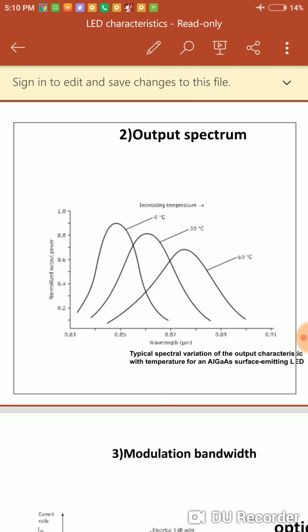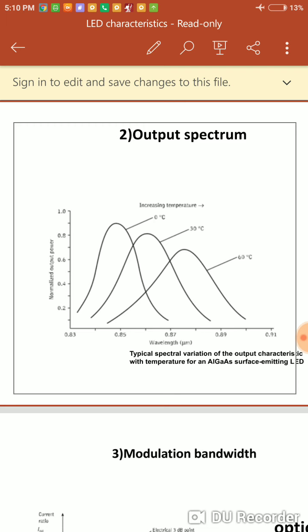Along with this decrease in power, the output spectrum is broadened. So these two things we have to keep in mind for this second characteristic. Output spectrum is the graph of the normalized output power versus the wavelength.